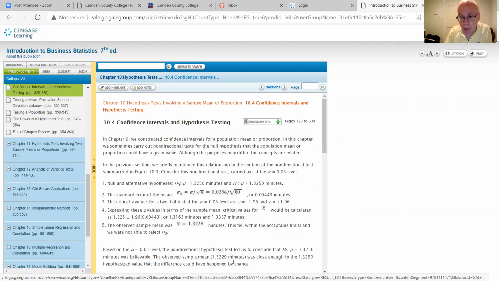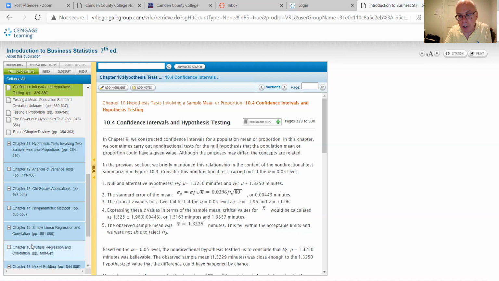That's what we just did in this problem. So you get the idea? If you create your confidence interval and the hypothesized value is in the confidence interval, that means you do not reject the null hypothesis. If it's outside the interval, you do reject it. All right, so that's a nice little relationship that it's good to know about.